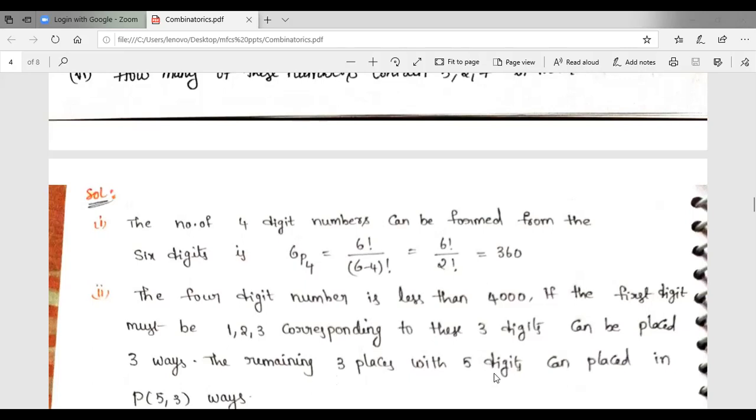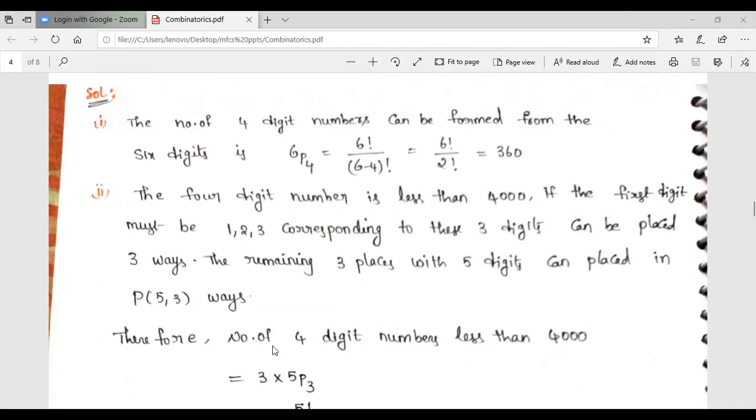If the first place is filled with 1, the remaining digits are 5. If the first place is filled with 2, the remaining digits are 1, 3, 5, 6, 7. So they can be placed in P of 5 comma 3 ways.